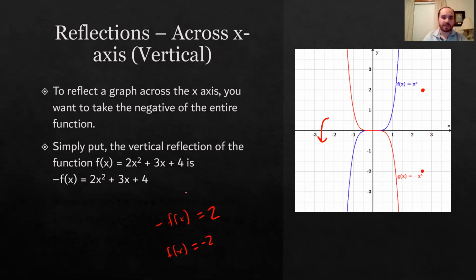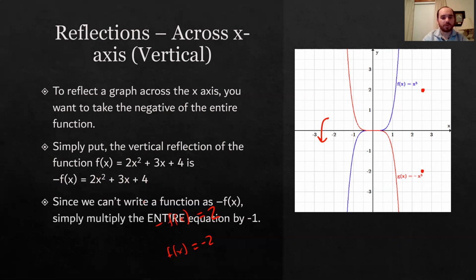So all we're doing is taking the negative of the entire function. We can write it out like this: f of x equals 2x squared plus 3x plus 4, which we would then change to negative f of x equals negative (2x squared plus 3x plus 4). But since we can't write a function as negative f of x, we just multiply the entire equation by -1. So now we get -2x squared minus 3x minus 4.